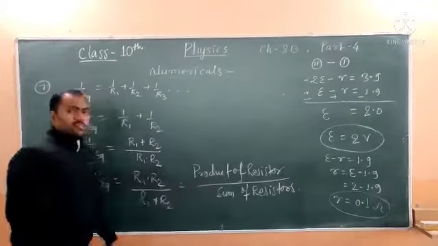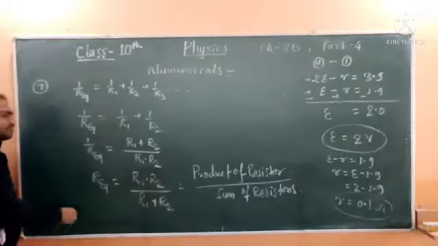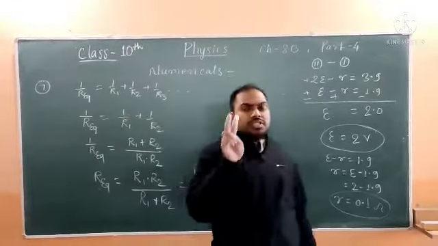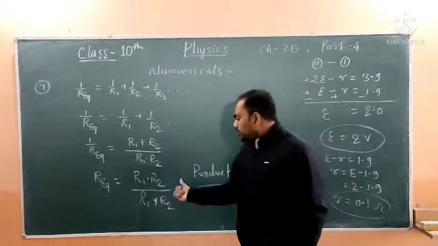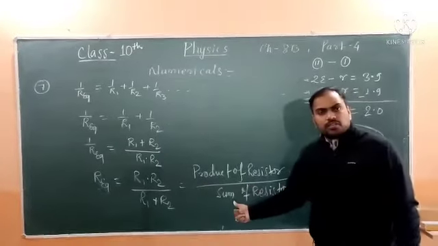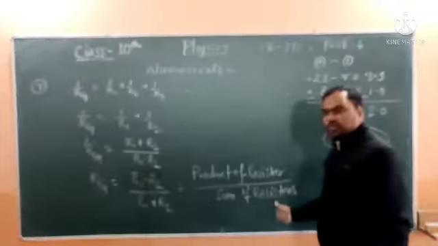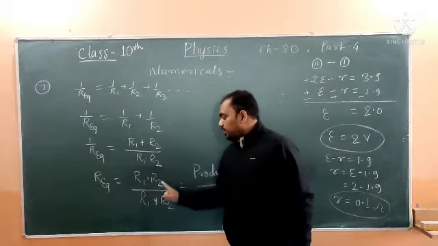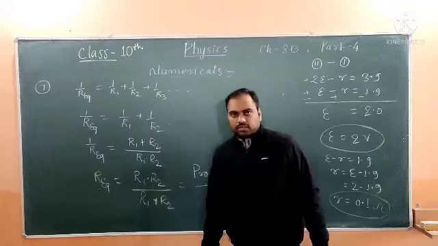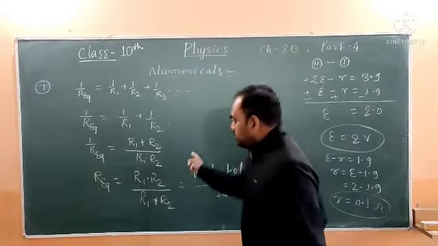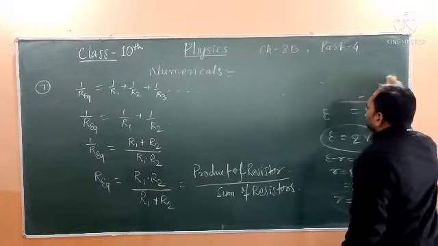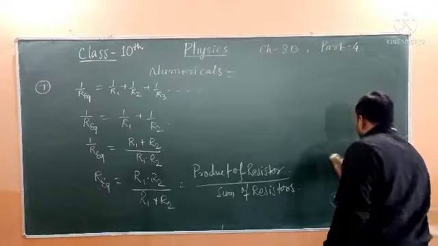So keep it in mind that when you have to find the equivalent of 2 resistors which are in parallel, simply take the product of both resistors by the sum of both resistors. Product upon sum. R1 into R2 divided by R1 plus R2. I hope you get it. From this equation it will be easy to do it. Okay, now we will do the question.